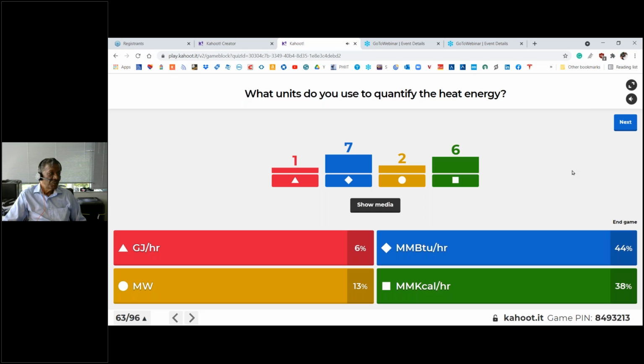If you are in the US or North America, you are using millions BTUs. If you are in India, you are using million kilocalories. If you are elsewhere, I think you are using either gigajoules or megawatts. They are all units for measuring heat.